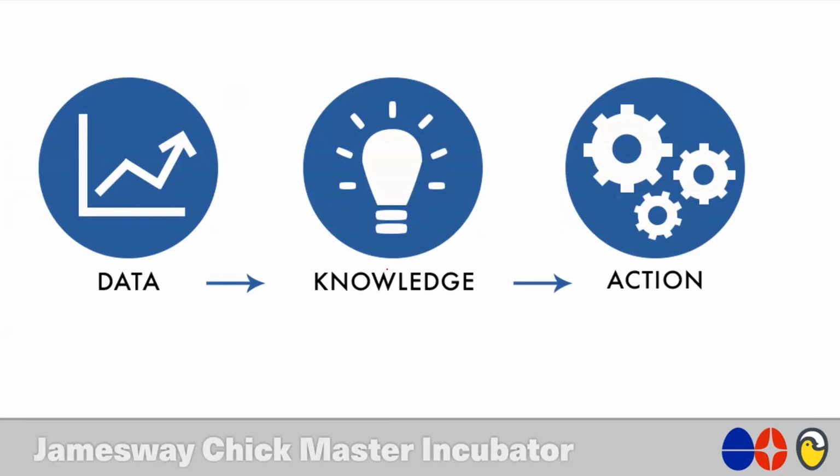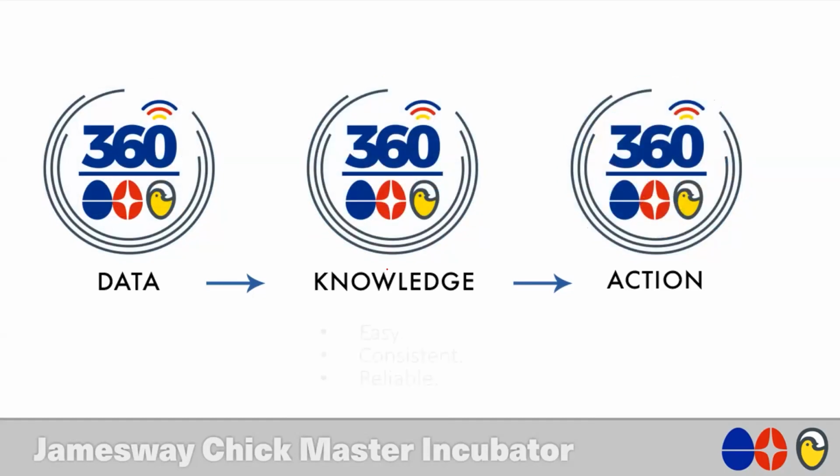When it comes to the knowledge on that data, either adding knowledge to it or taking knowledge away, you've got to make it, again, as easy and as consistent and as reliable as possible, and the same for carrying out actions on those. So it really comes back to those key tenets or key points to make any system as easy, consistent, and reliable as possible.